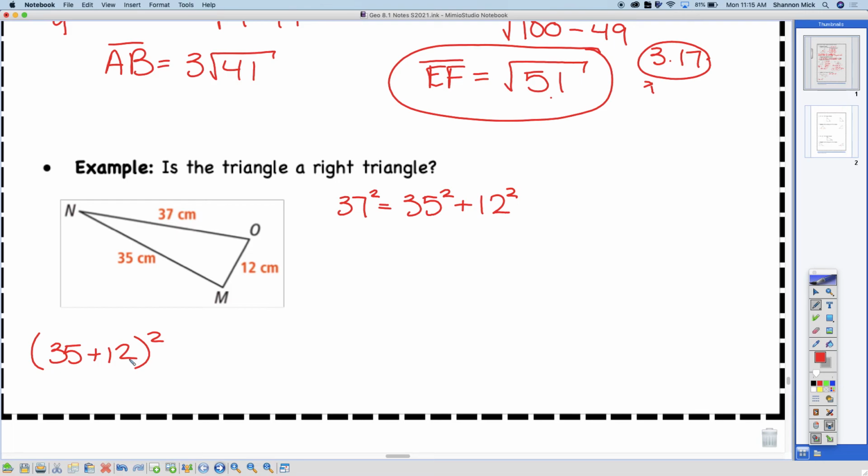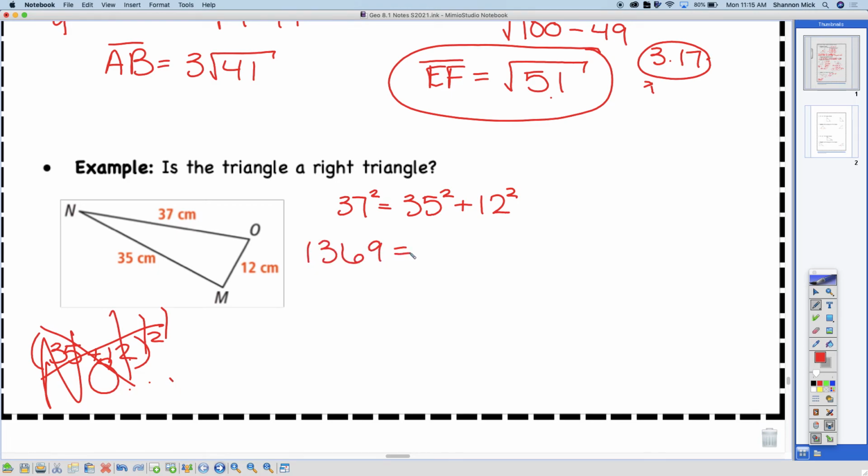Now, what do I have to do first, though? You have to square them, then add. Is that going to be completely different? Yes. I was hoping you put the square after both of them. Okay. So 37 squared, you'd figure out, is 1369.